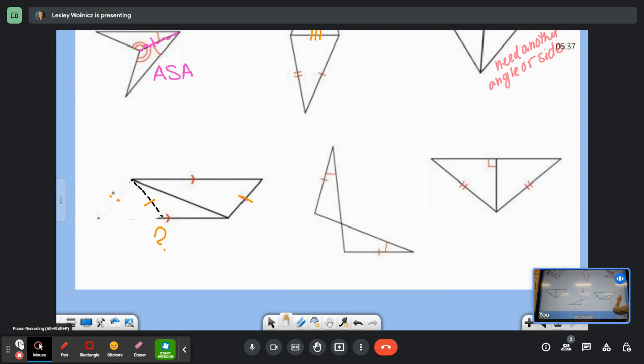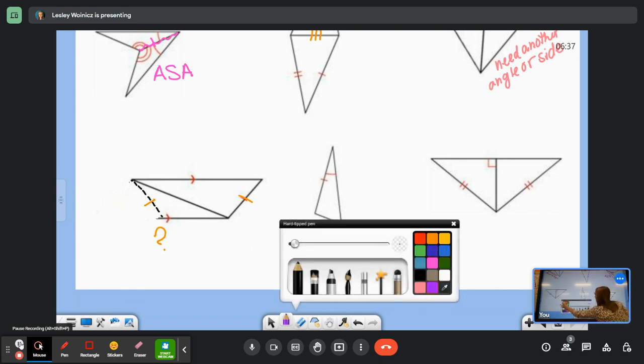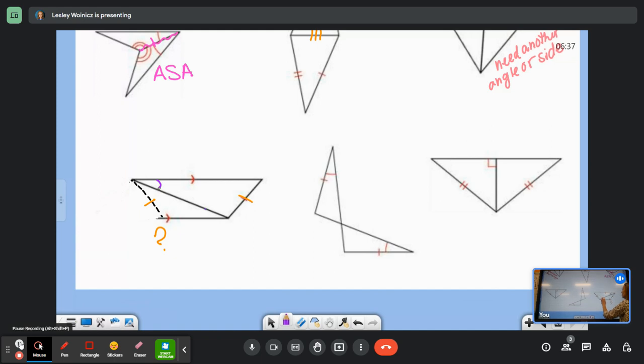I haven't changed anything in the way my drawing is coded. I still know that these two sides are parallel. I still have these two congruent sides. I still have this congruent side. I still have my two alternate interior angles congruent, but these triangles are obviously not the same shape. So this is why we can't use side-side angle. This is side-side angle, and it does not work.